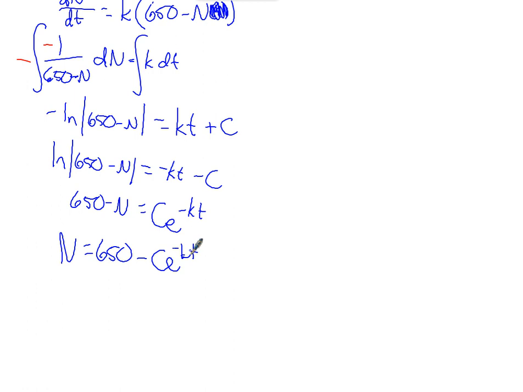If I put in 0 right here, I have just c e to the 0, which is just 1. So I have 300 equals 650 minus c. If I add c to both sides and subtract 300 from both sides, I get c equals 350.